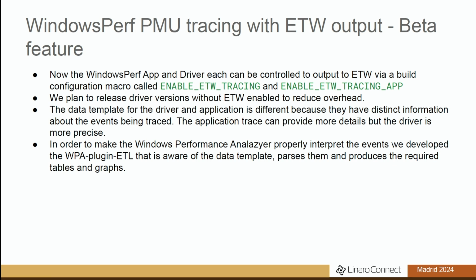So we added two macros here. You can enable ETW tracing to output ETW from the driver, and enable ETW tracing app to enable ETW output from the application itself. So why would you do this?